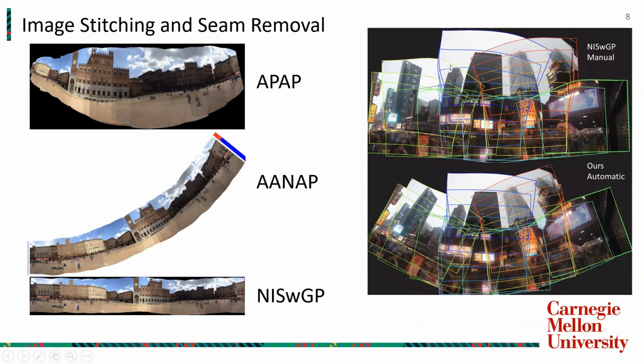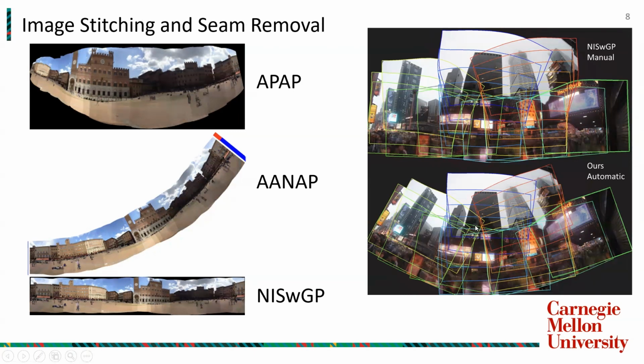Now, one caveat of this algorithm is that all this image matching, like which image is next to which image, that image matching graph, has been done manually. So they get this result, and we can see that the buildings are kind of bent when they use their own manually annotated graph.